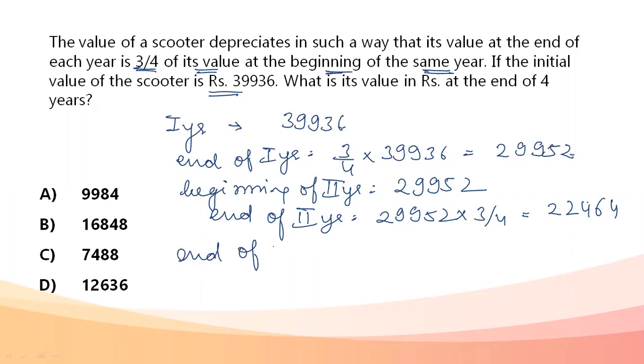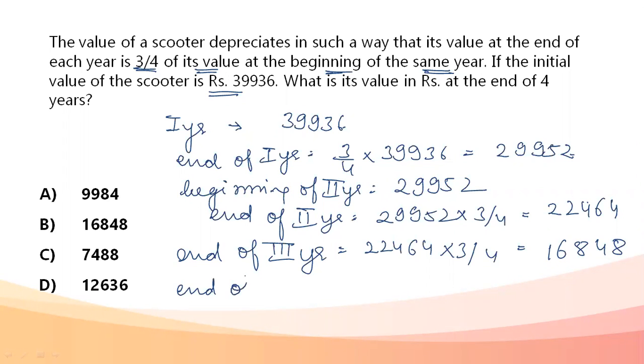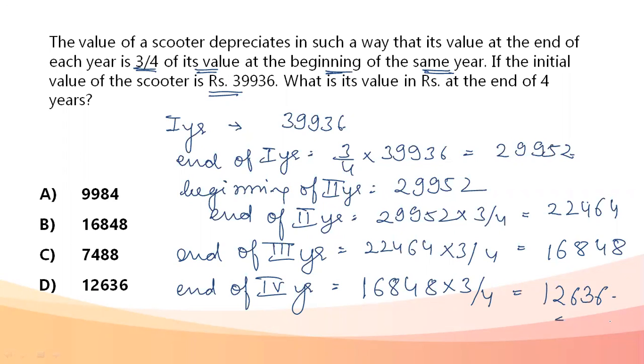At the end of third year, three-fourths of 22464 comes out to be 16848. This is going to be the value at the beginning of the fourth year also. Value at the end of fourth year becomes three-fourths of this, that is 12636. Match the option. My answer is option D.